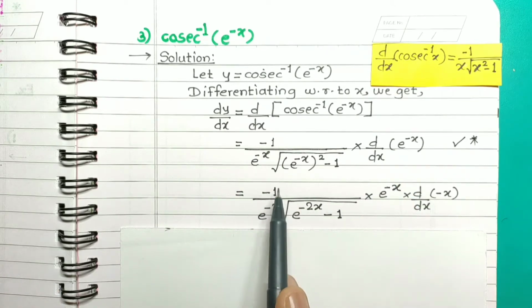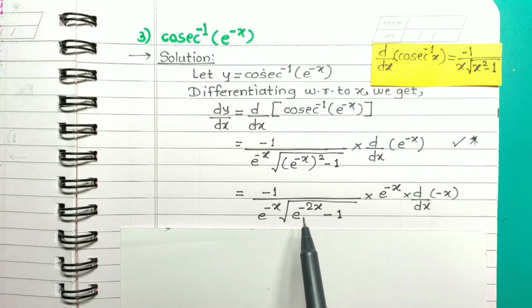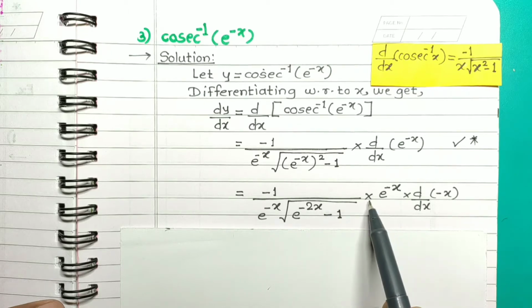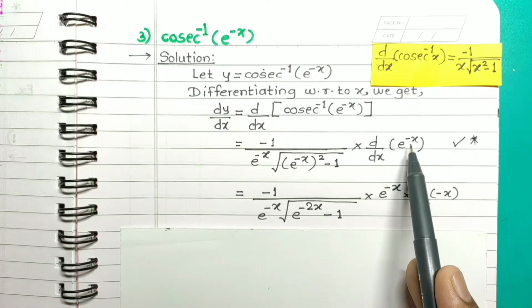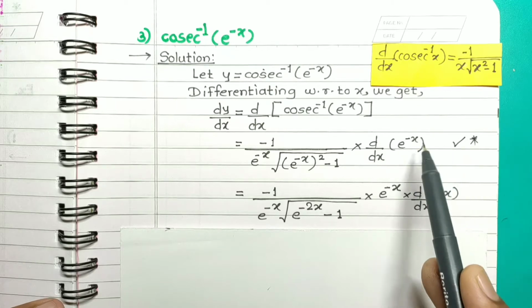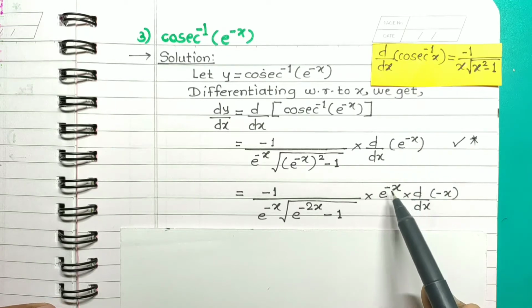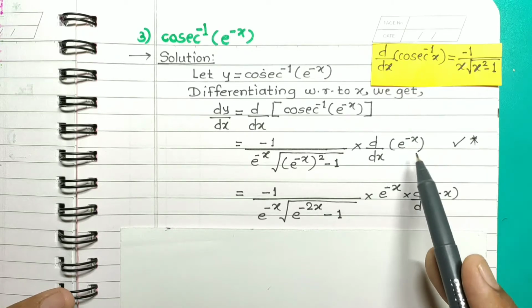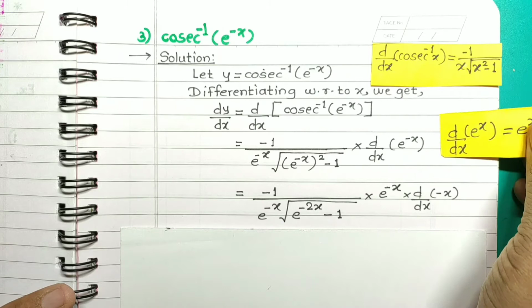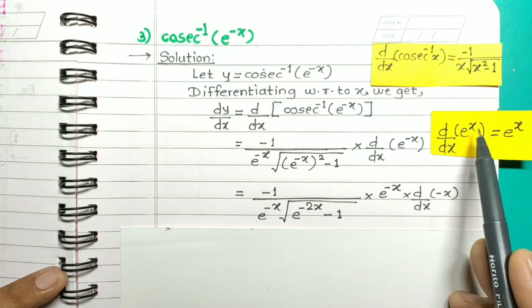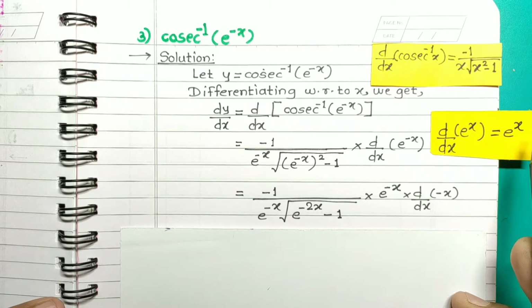So we have minus 1 upon e raised to minus x. We can write using indices it as e raised to minus 2x minus 1 into derivative of e raised to minus x. Again it is a composite function, so we have to again use chain rule to evaluate this derivative. Okay, and we have the standard formula for derivative of e raised to x, and derivative of e raised to x is e raised to x.